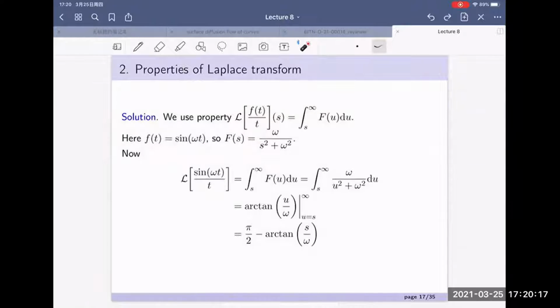From the table of Laplace transforms, you can find this. Then you integrate this, and you can get the arctangent function. So that's how we find the Laplace transform for various different types of functions.